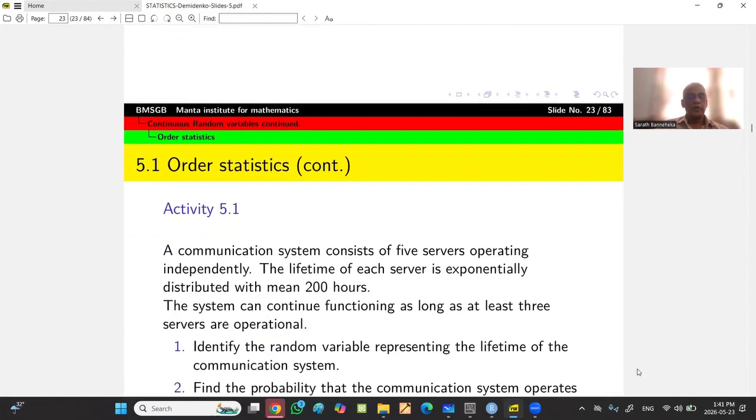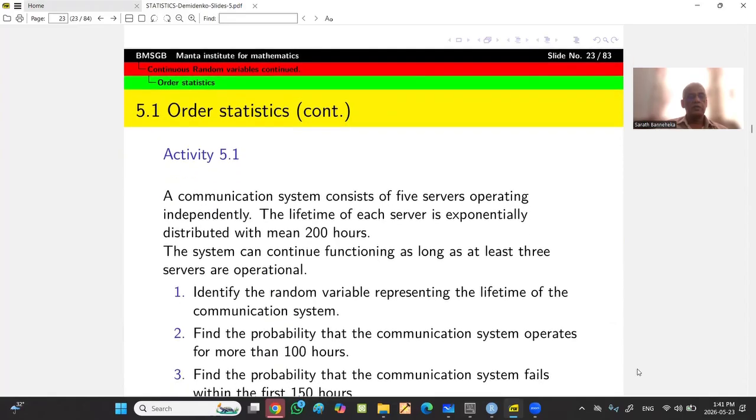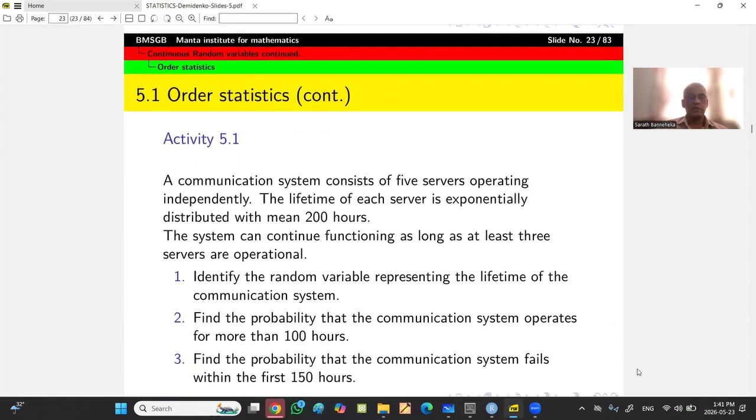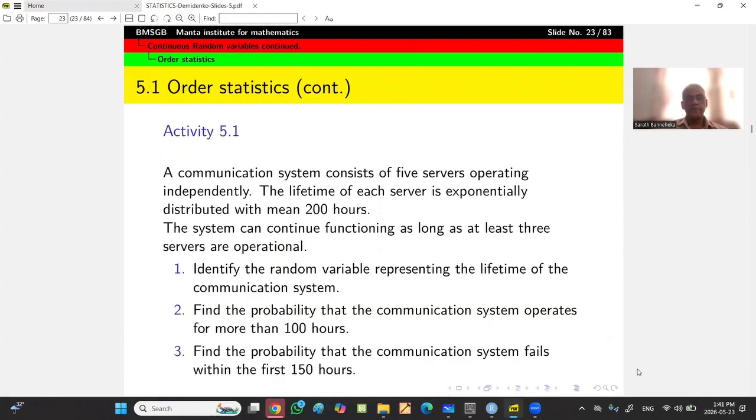So let's look at one final example for the order statistic application. A communication system consists of 5 servers operating independently. The lifetime of each server is exponentially distributed with mean 200 hours.